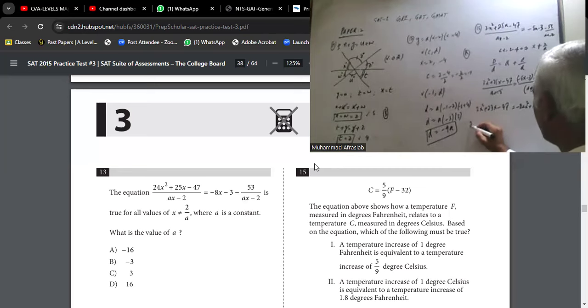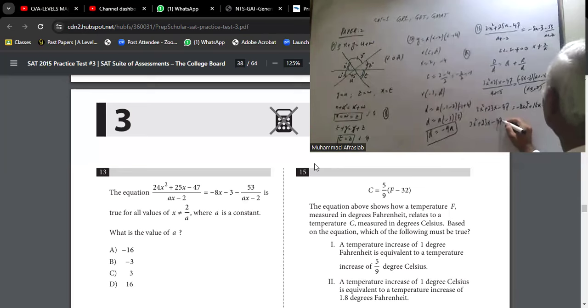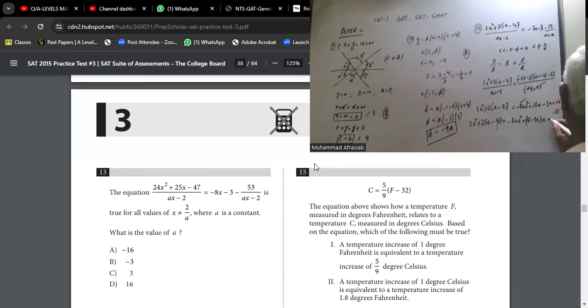So this is 2x² + 25x − 47, sorry, 25x, equal to −8ax² + 16x − 3ax, plus (16 − 3a) into x, plus 6 − 53.